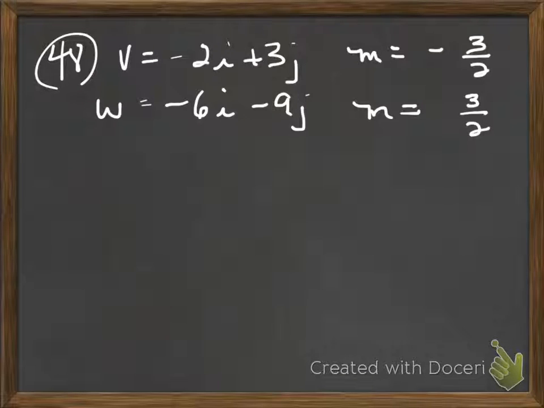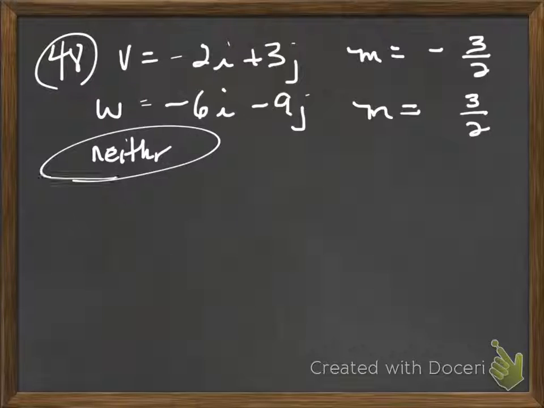They're kind of trying to trick you there, because one's positive and one's negative, and they're trying to trick you into thinking those vectors are perpendicular. But remember, one has to be negative, one has to be positive, and they have to be reciprocals. These slopes aren't the same, so the vectors are not parallel, and they're not opposite reciprocals, so they're not orthogonal. This will be an example of neither.